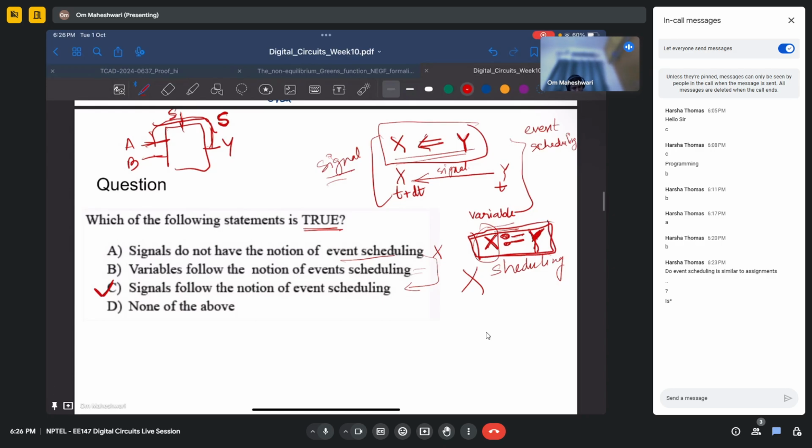But this is generally the way we define a variable, where there is no delay involved. So we can do assignments between A and Y, but both of those are already our input and output ports. We can do assignment between S and Y. Now this is between some signal and some port.